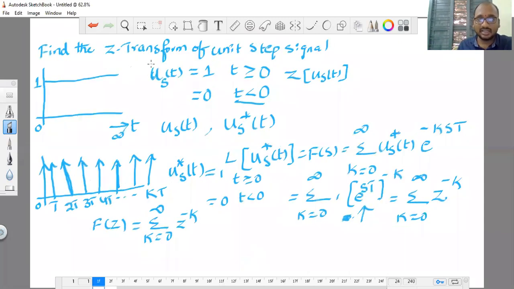So, find the Z transform of our unit step signal. This is our basic unit step signal. Before going to find the Z transform, first you have to convert this continuous signal into a discrete signal by applying the sampling process.